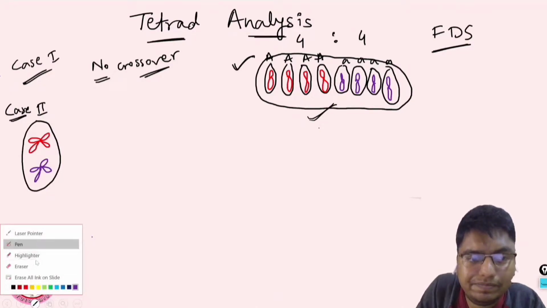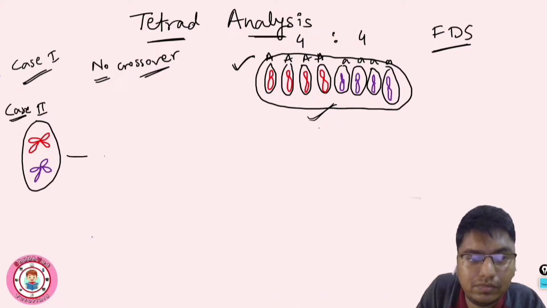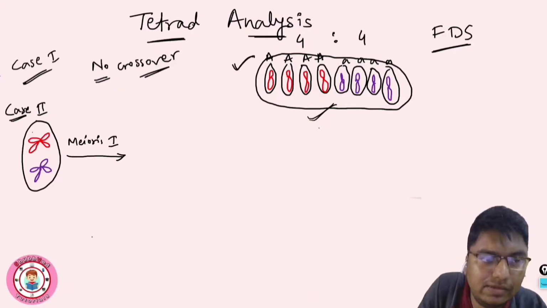We know that in meiosis 1 there will be crossing over. After meiosis 1, these are capital A and these are small a. So there is a cross between these two.